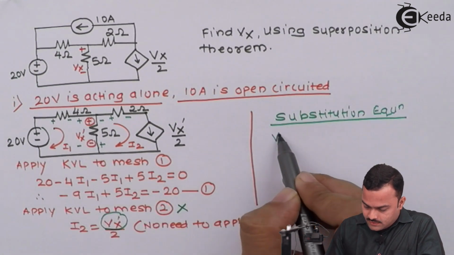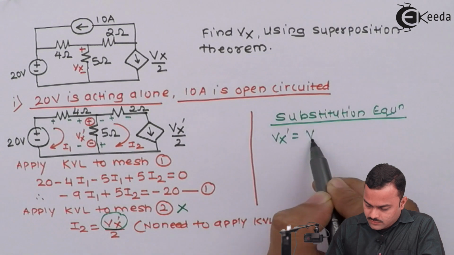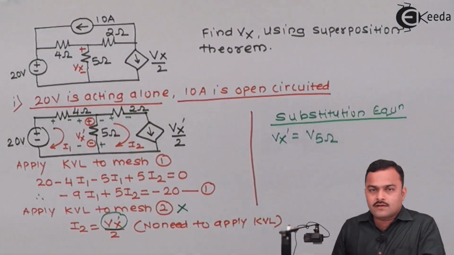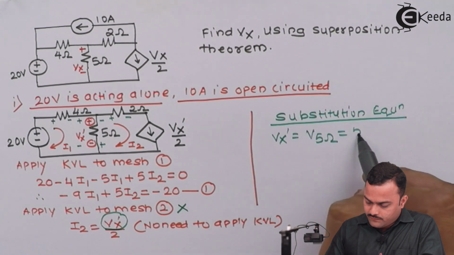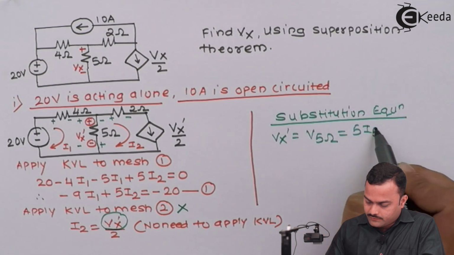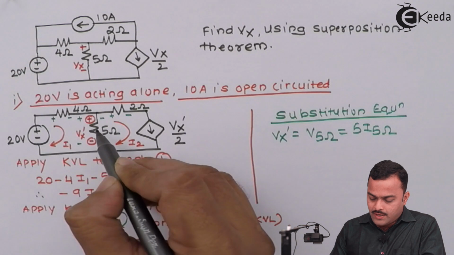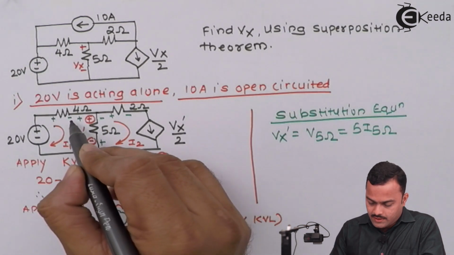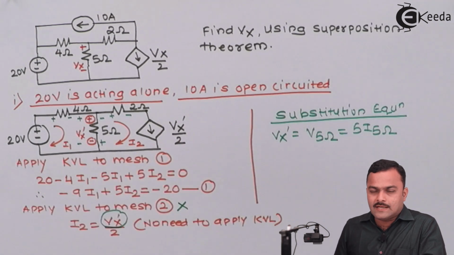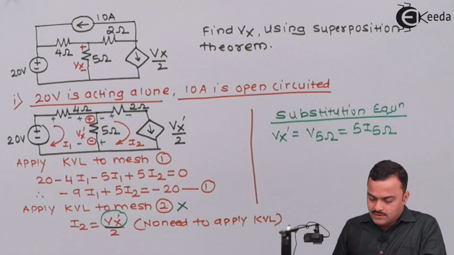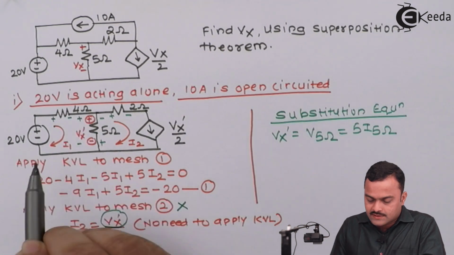Vx dash is nothing but voltage across 5 ohm. This voltage across 5 ohm is nothing but 5 multiplied by the current flowing through 5 ohm. Now 5 ohm has two currents in it, I1 in downward direction, I2 in upward direction. So definitely it's a subtraction of two currents. Which current will we take first? It all depends upon the given polarity.